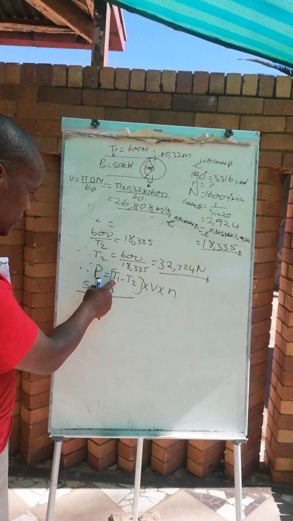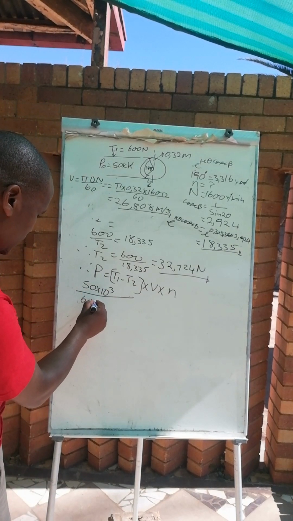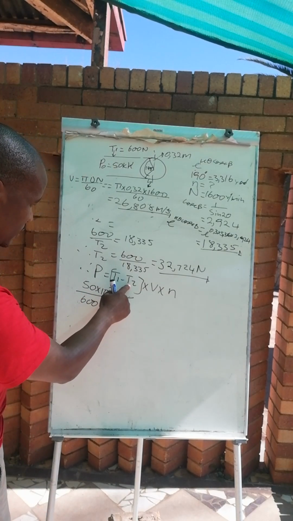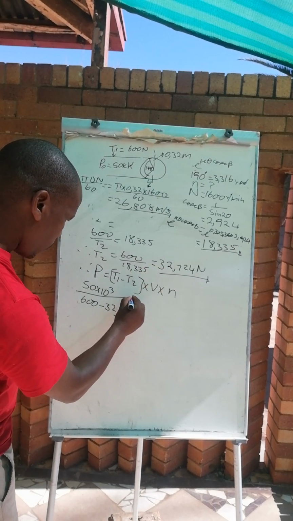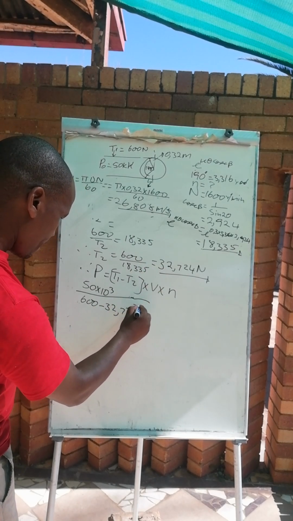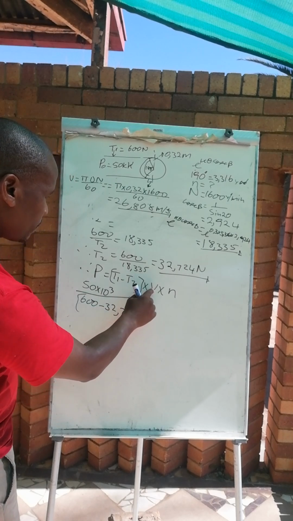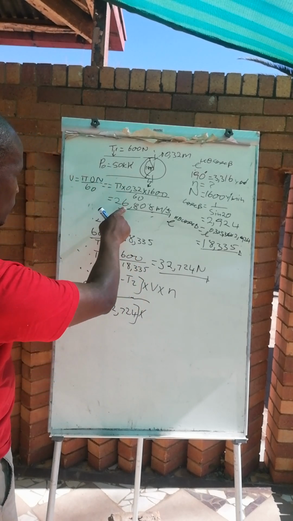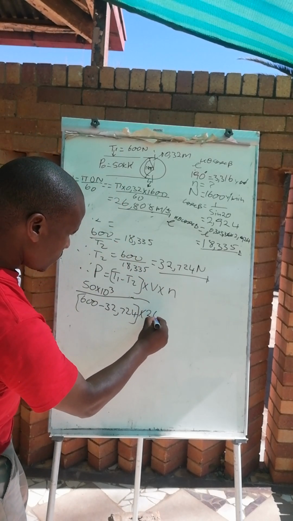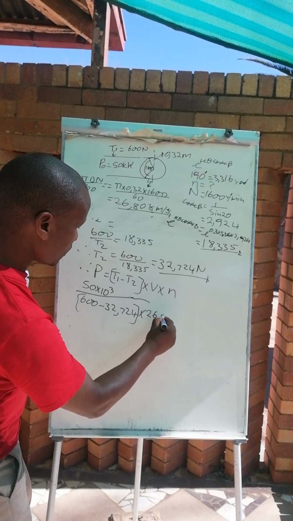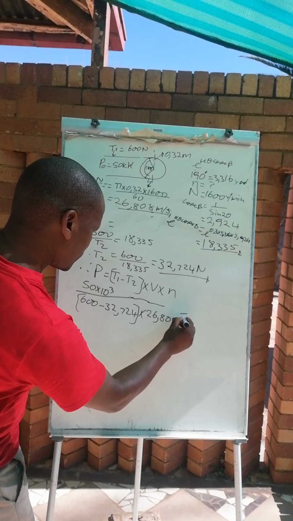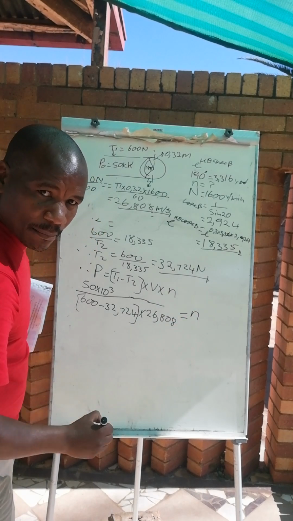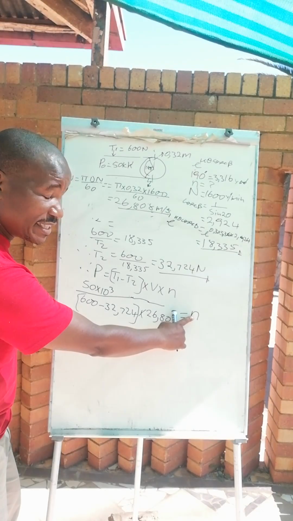This is equal to 600 minus 32.724, multiplied by the linear velocity 26.808, which is equal to the number of belts, denoted by the symbol N.